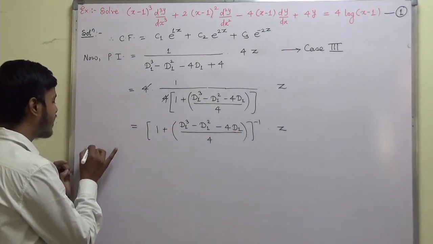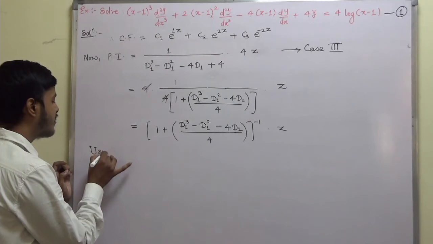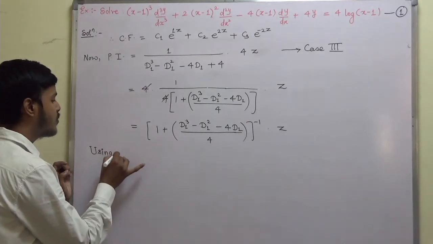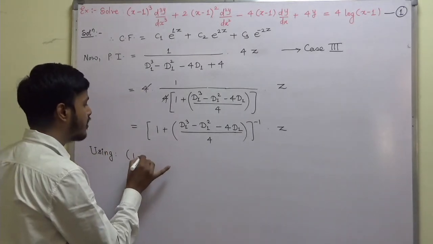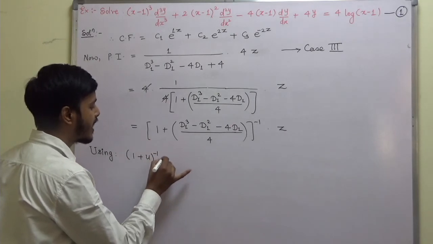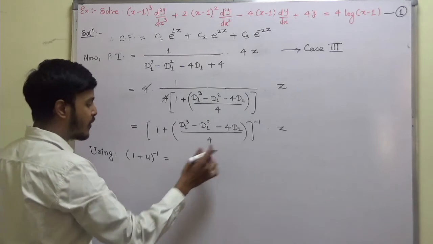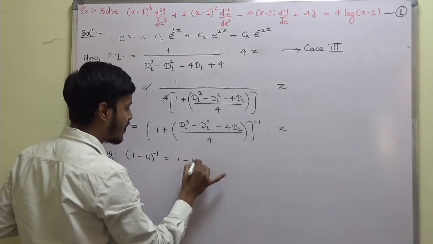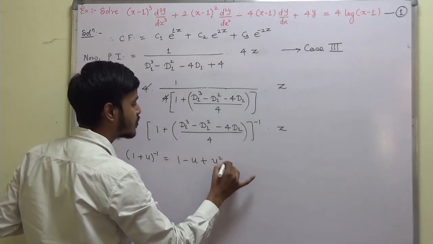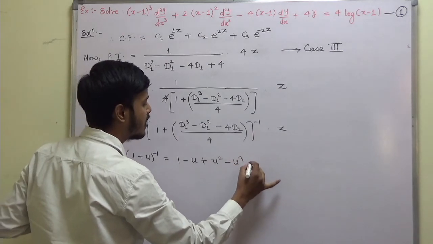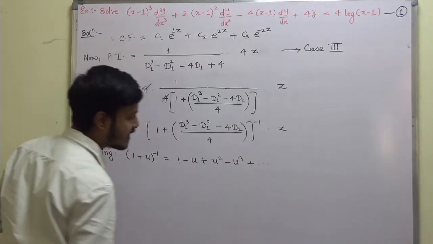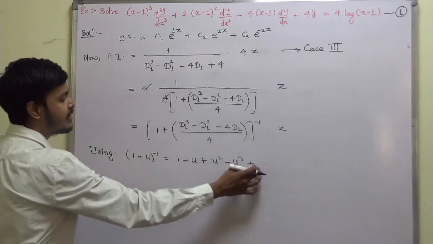If not, I am writing here: (1 plus u) power minus 1 is equal to, considering this bracketed quantity to be u, 1 minus u plus u square minus u cube plus u to the power 4 minus u to the power 5 and so on.